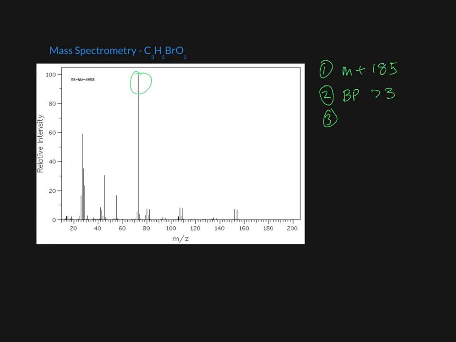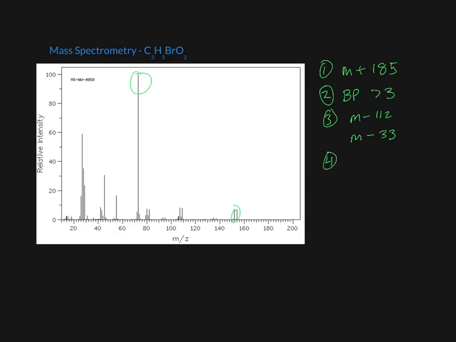We do this by taking our M+ peak of 185 and subtracting our base peak of 73, which gives us a fragmentation pattern of M-112. We can also do another one by taking 185 minus 152, which is about right there, and that gives us an M-33 peak.